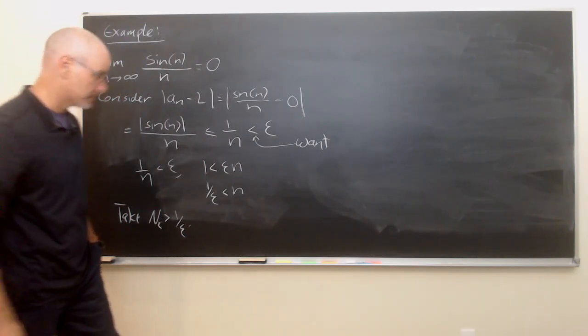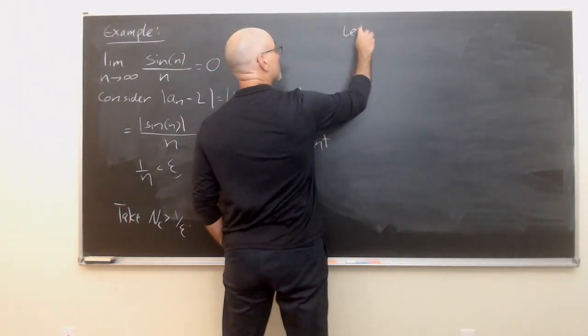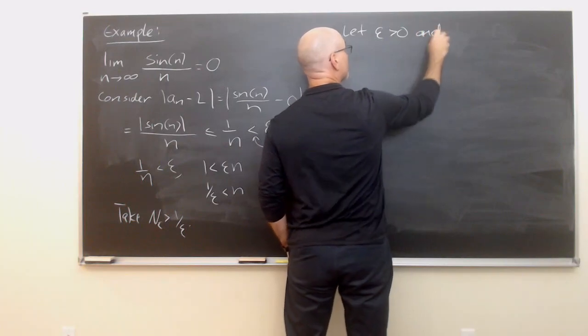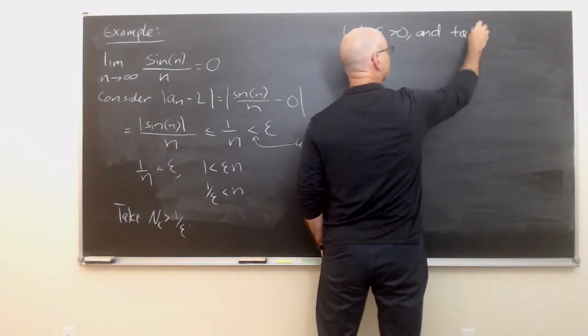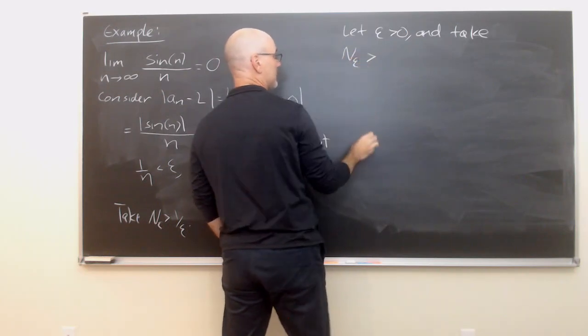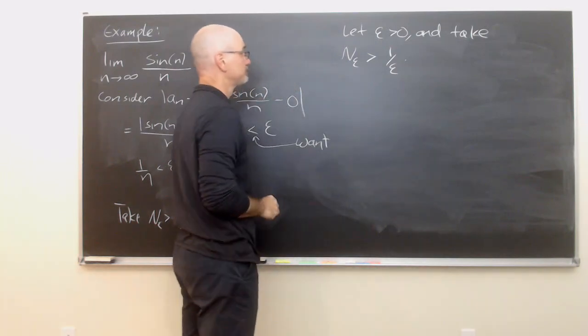All right, so this is what the final version would look like. Let epsilon be bigger than 0. And take capital N to be any natural number bigger than 1 over epsilon.